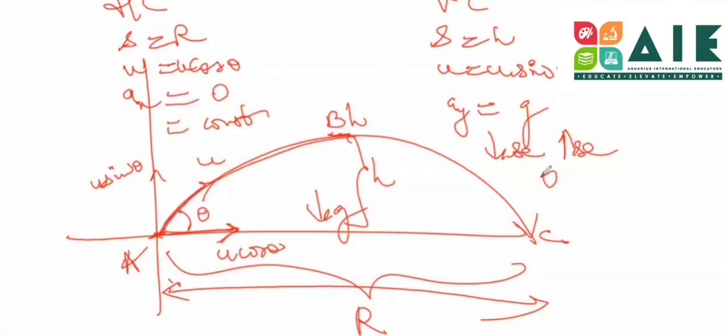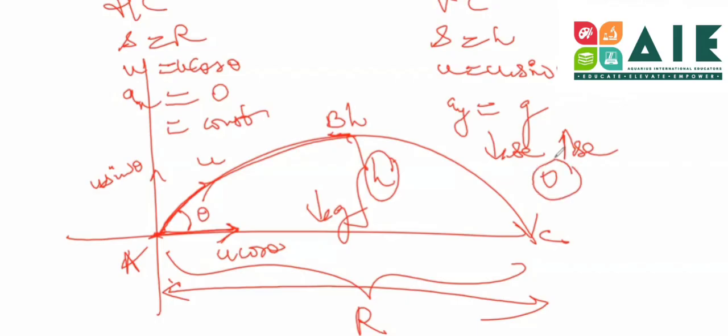Anything you would like to ask out of it? So the vertical displacement is 0, and then the highest point. Vertical displacement is not 0, vertical displacement is h.